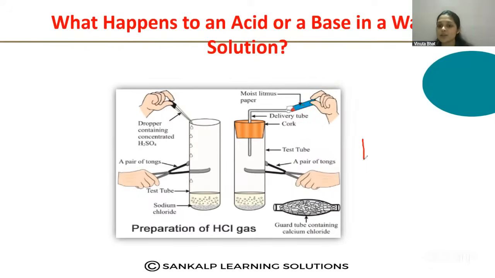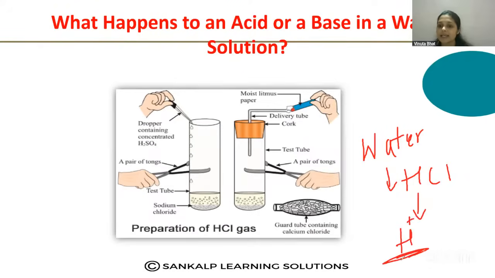In the presence of water, the HCl gas is able to form H plus ions, that is, hydrogen ions. These H plus ions are responsible for the acid character, right?